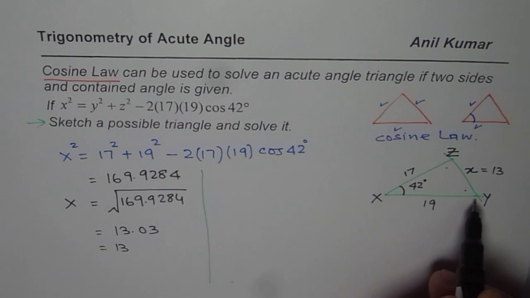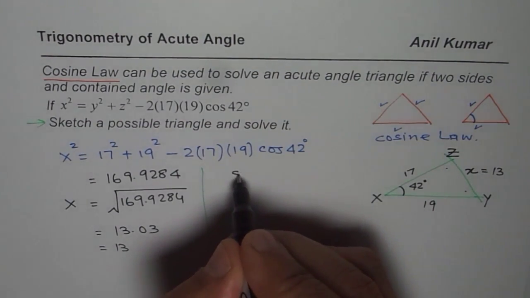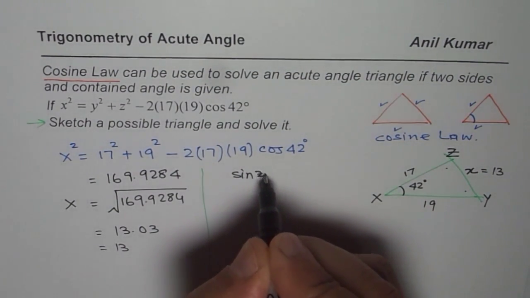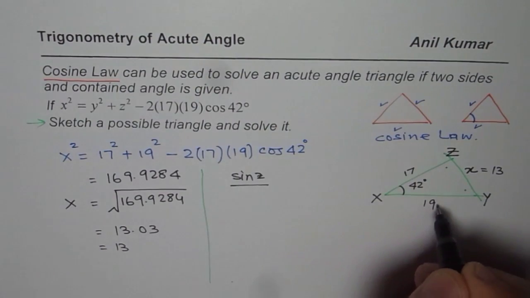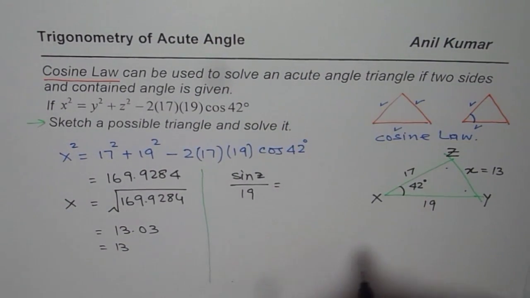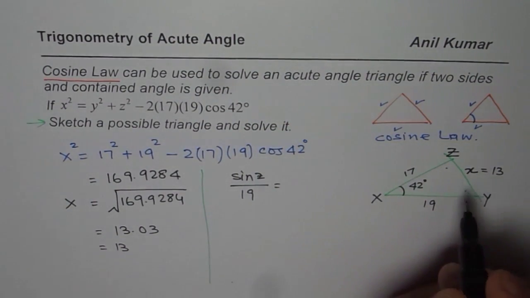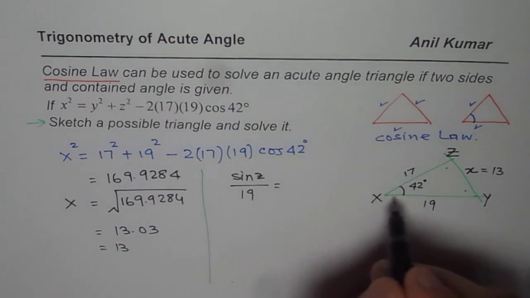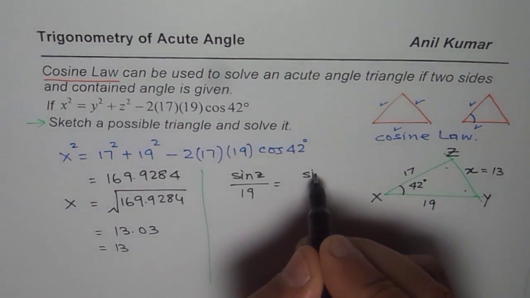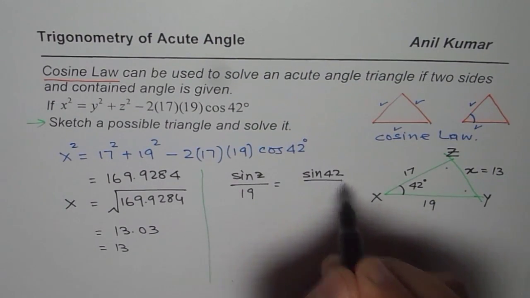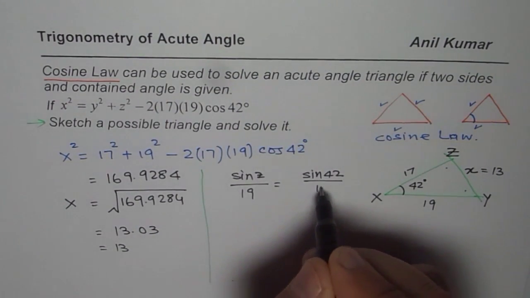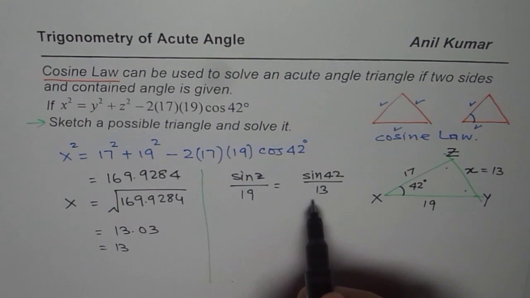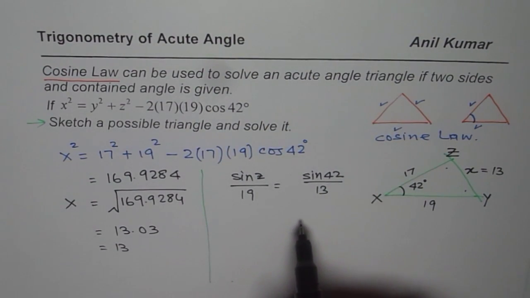So we need to find, for example, z, then it will be sine z, I'll always write it on the top, over the opposite side equals to what is given to us, right? So it is given now 13 over sine 42. But sine of angle I'm writing on top. So sine 42 degrees over 13. Correct? So this is the constant which is given to us, right?